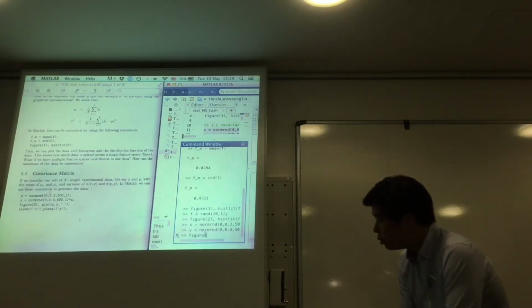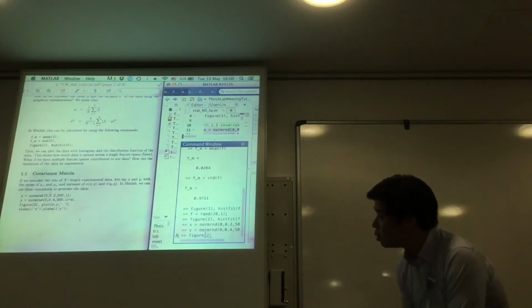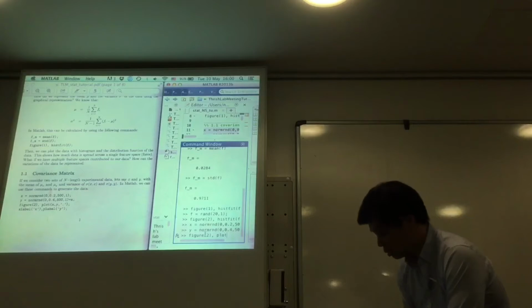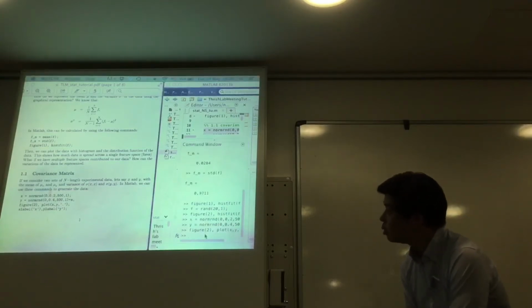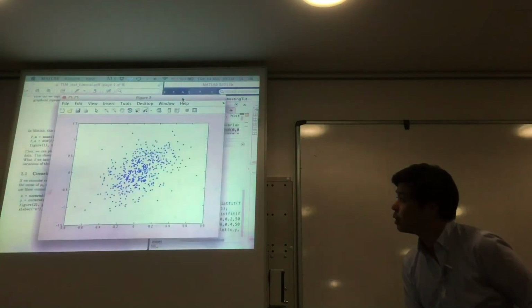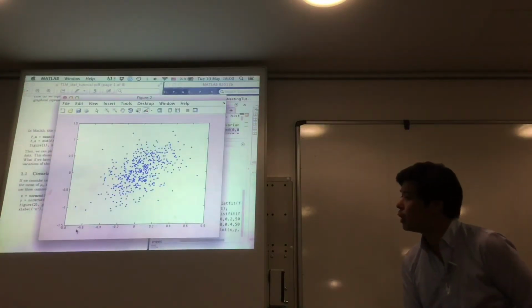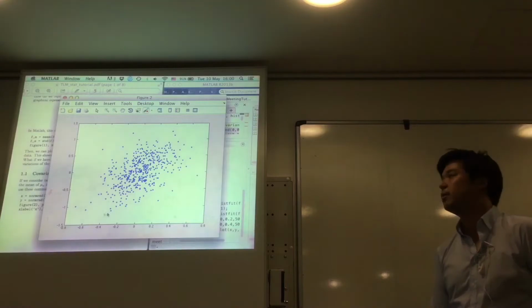Figure 2. So now our data looks like this, X and Y. This is the distribution of our data, randomly distributed.